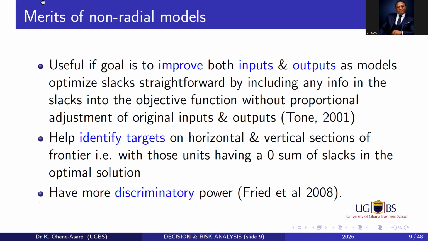But once you identify that, out of the 100 companies, only 2 were efficient, now they are going to chase you to help them with what they can do to become efficient. So when a model is more discriminatory, it's better than the one that is not discriminatory.